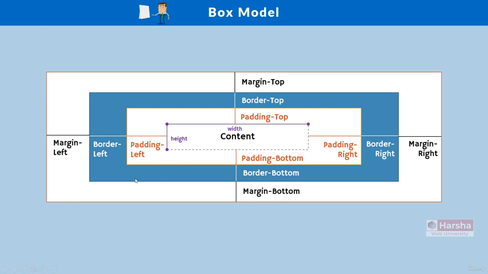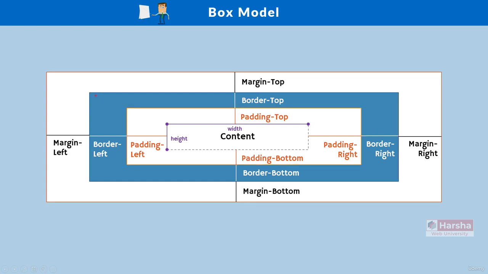In this context, if you consider only the content, this particular rectangle shape is called the content box. And if you include padding inside the same, this particular rectangle is the padding box, which includes padding as well as the content.